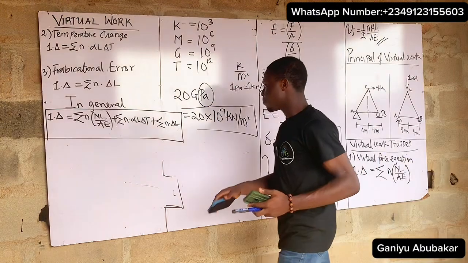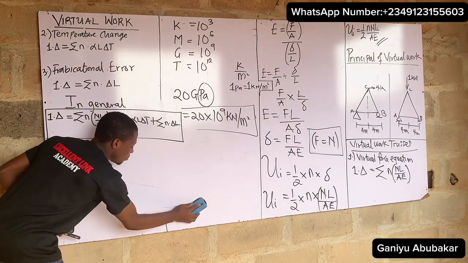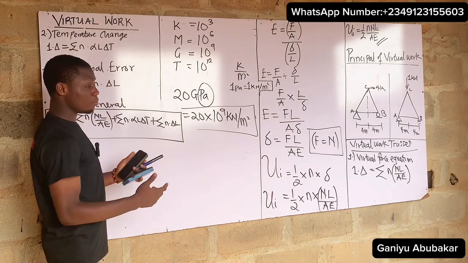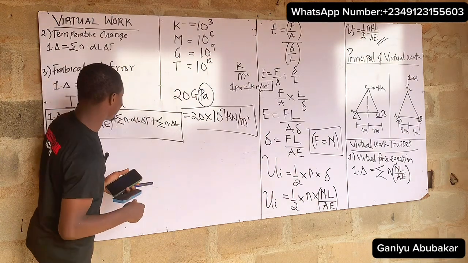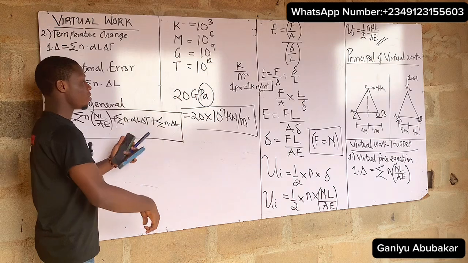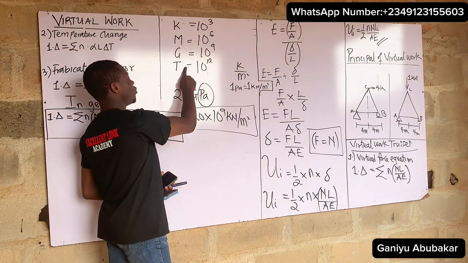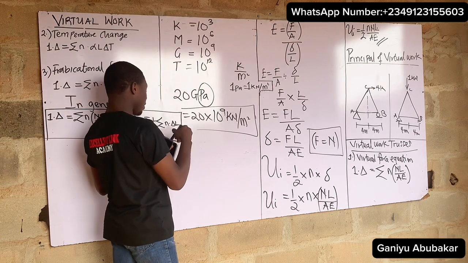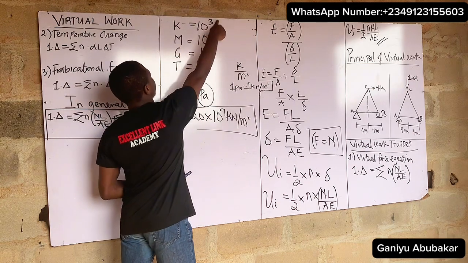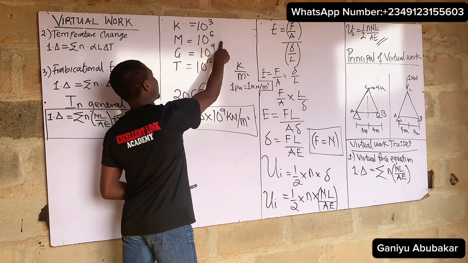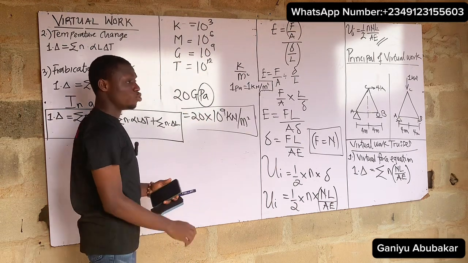Basically, before my camera went off, I explained something earlier, so I had to do this again. I said kilo is 10 to the power 3, mega 10 to the power 6, giga 10 to the power 9, tera 10 to the power 12. Very important things to note.